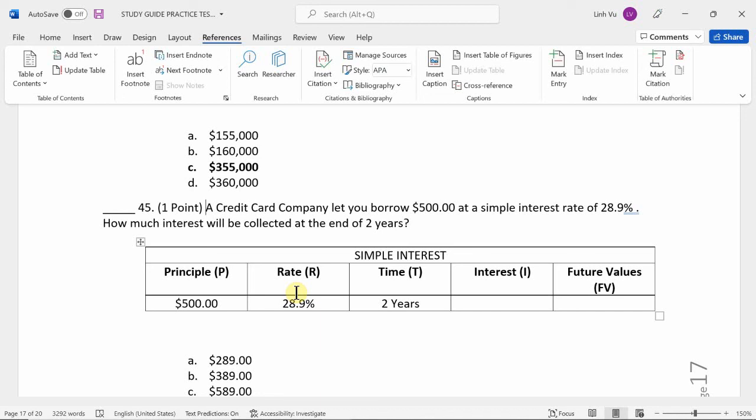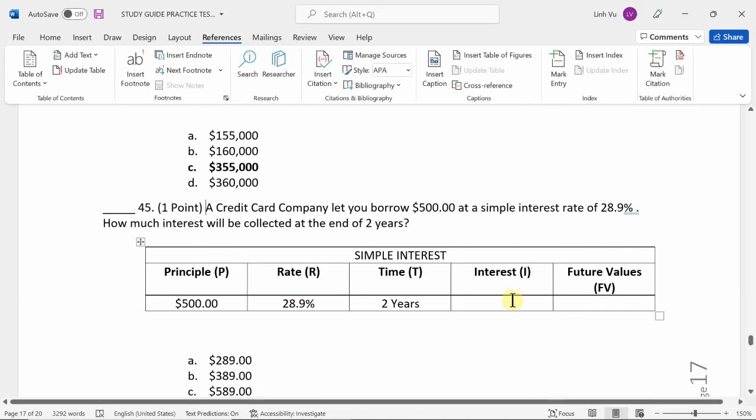So 28.9% is going to be 0.289. Then 500 times 0.289 times 2 gives 289.